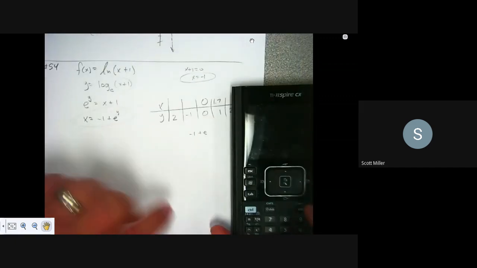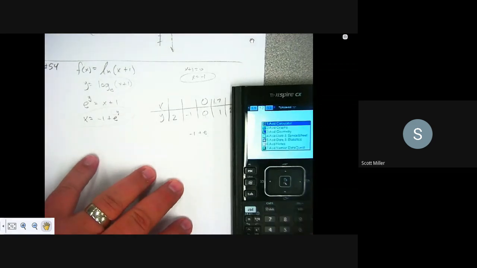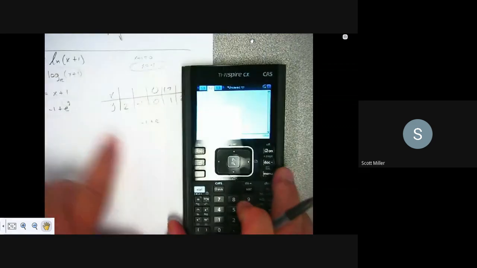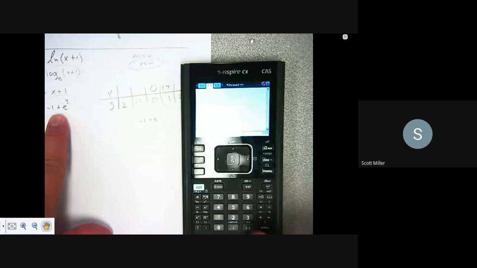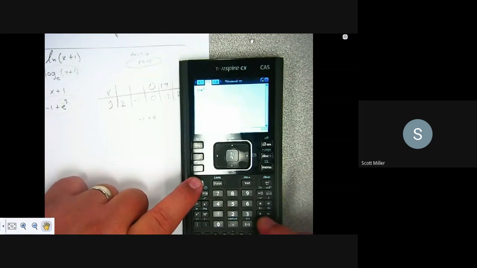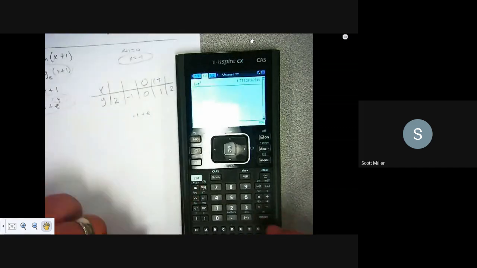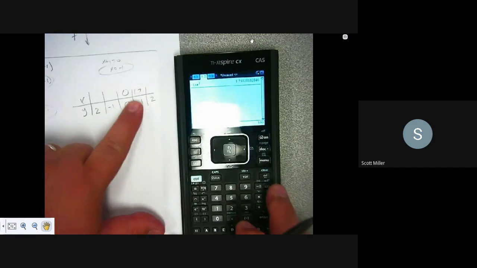You're going to simply type in this thing right here. It's -1 plus e to a power. And I'll put 1 in there right now so you can see it. I got a glare, but 1.718.